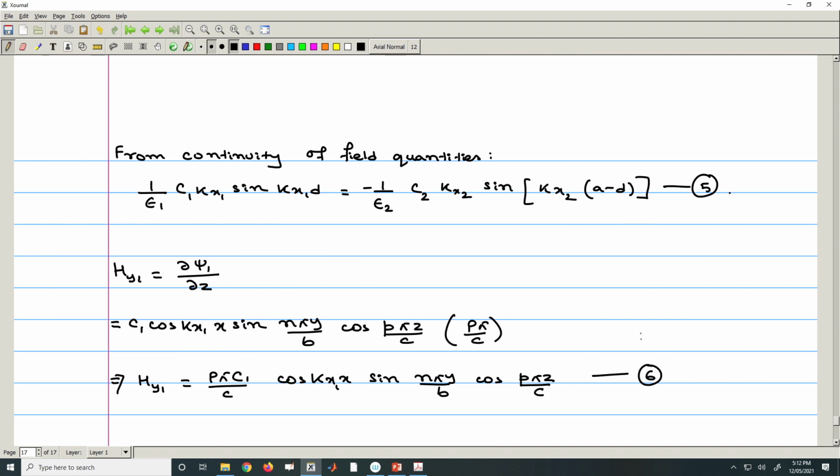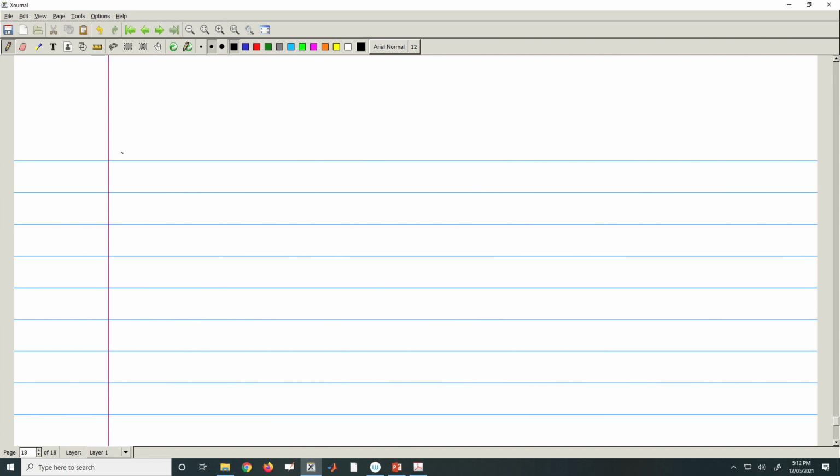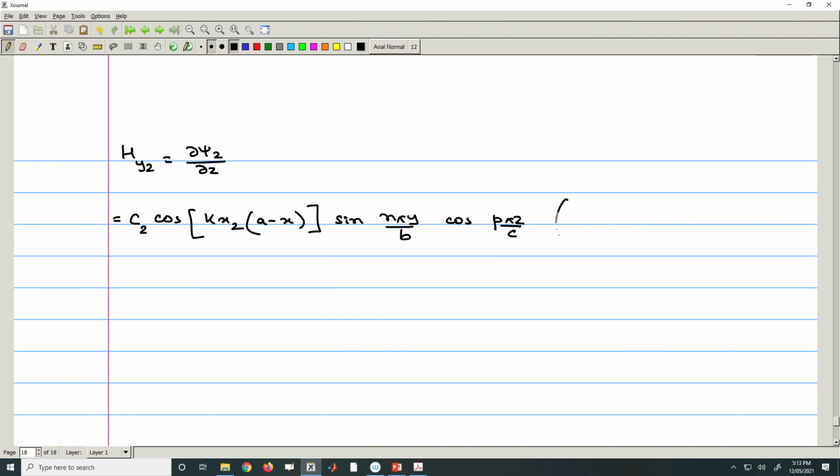Now, we will calculate hy2. So, hy2 will be del psi 2 upon del z. So, this will give us C2 cos of kx2 a minus x sin of n pi y upon b cos of p pi z upon c p pi by c.